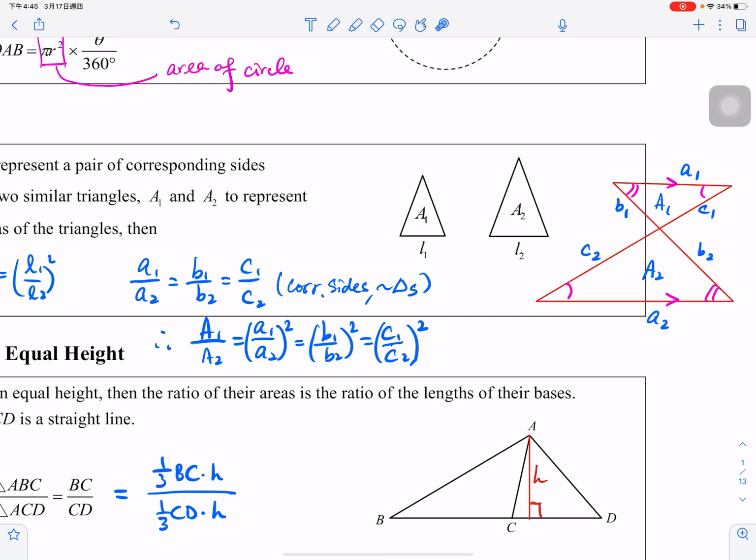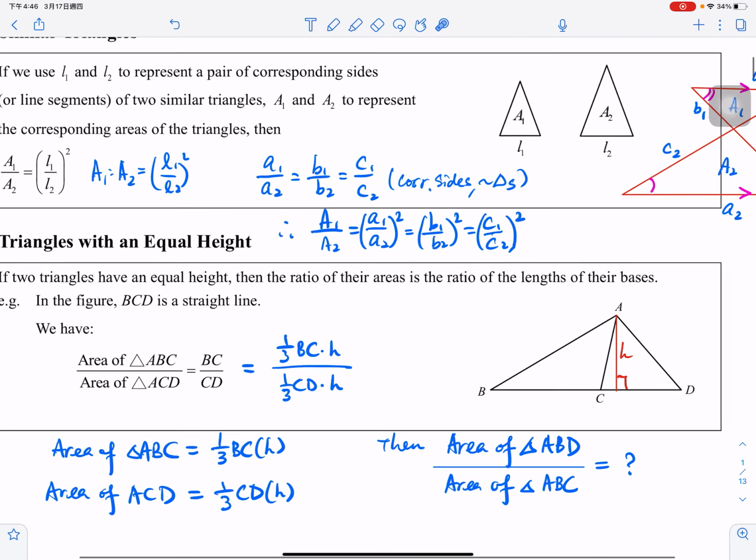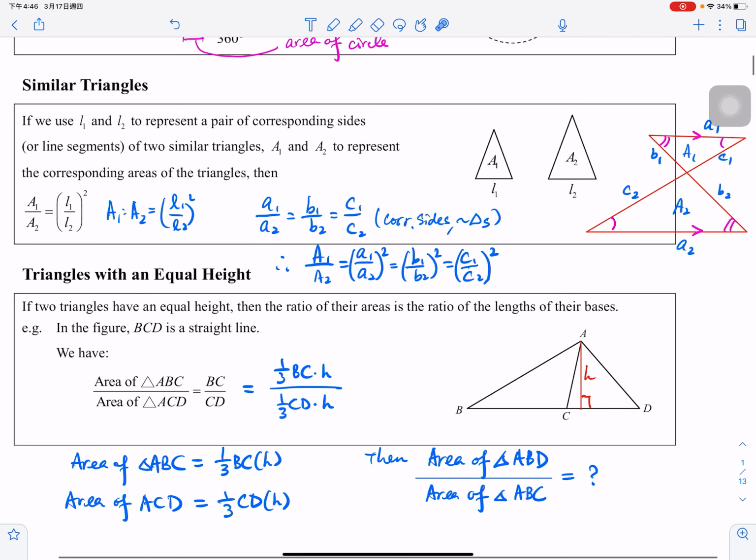Take any one of them, take the ratio and then square, and we find the area ratio. Understand? The other kind is triangles with the same height. For example, triangle ABC and triangle ACD. This triangle has a base BC and a height h, and this one has a base CD and a height h.